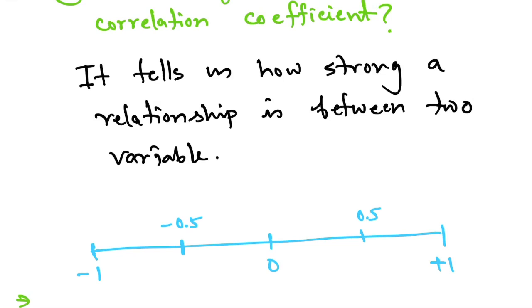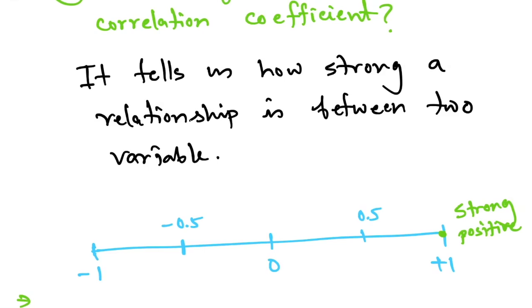If your correlation coefficient is +1, it means it's a strong positive relationship. If you have -1, it's a strong relationship but a strong negative relationship. If your correlation coefficient is equal to 0, that means the relationship is weak between two variables.